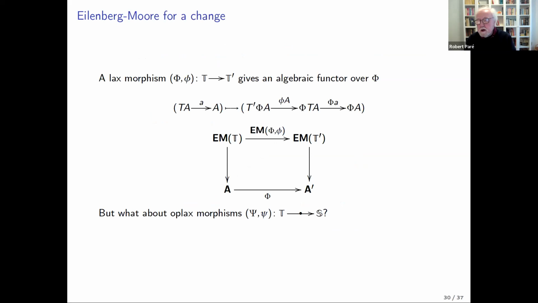Now, just for a change, let's look at the Eilenberg-Moore construction. As I said, if you have a lax morphism, then it gives you a functor from the Eilenberg-Moore algebras to the Eilenberg-Moore algebras over the other monad. But what about the oplax guys? I said that they give you maps between the Kleislis, but I would like to see what they do for the Eilenberg-Moore guys.